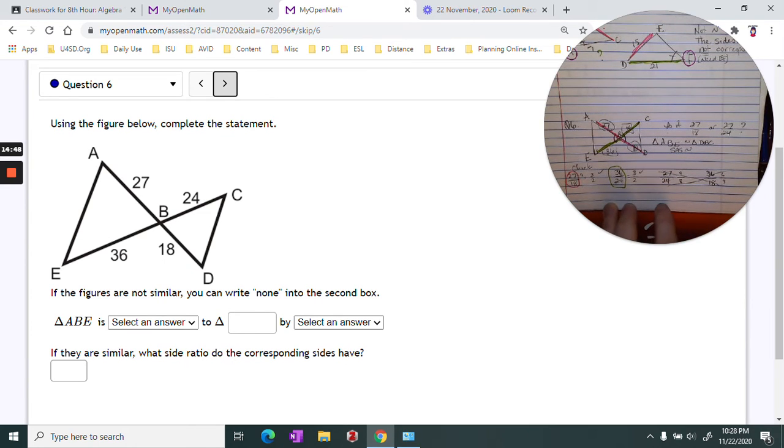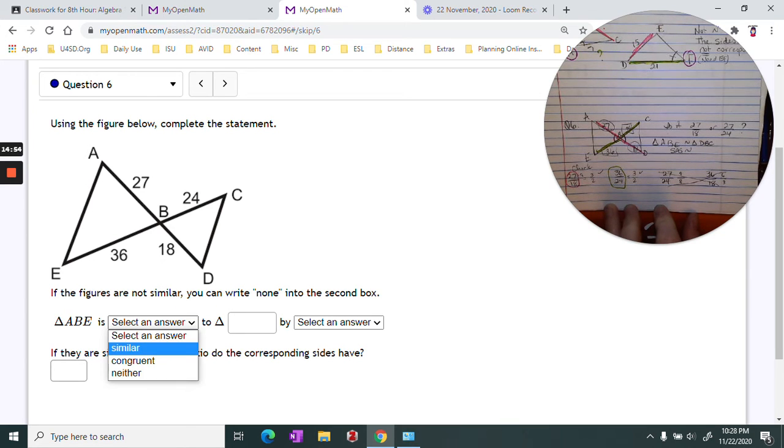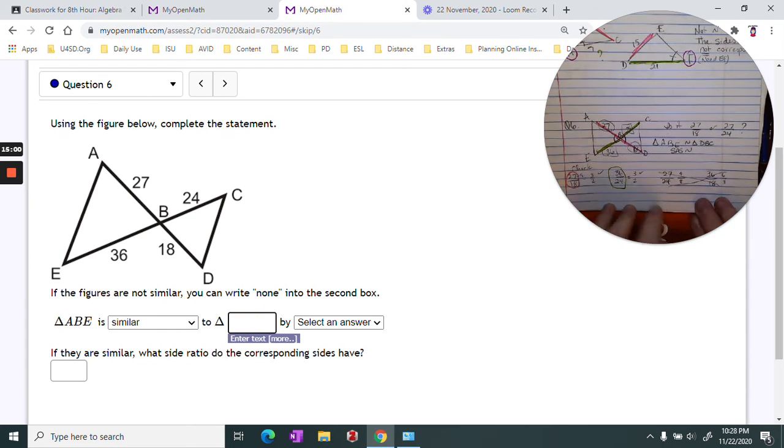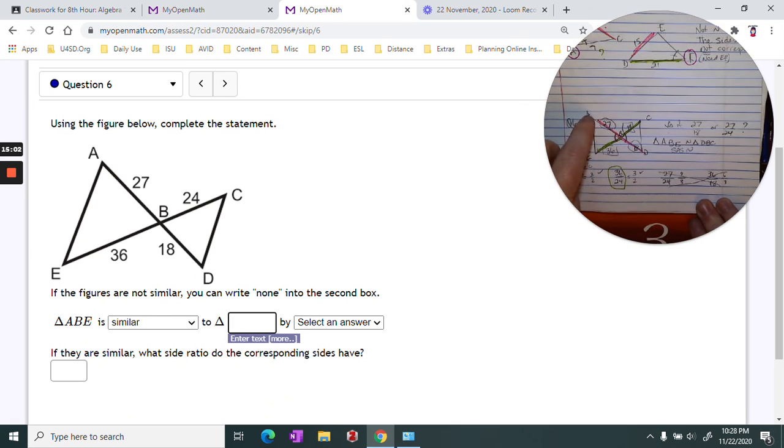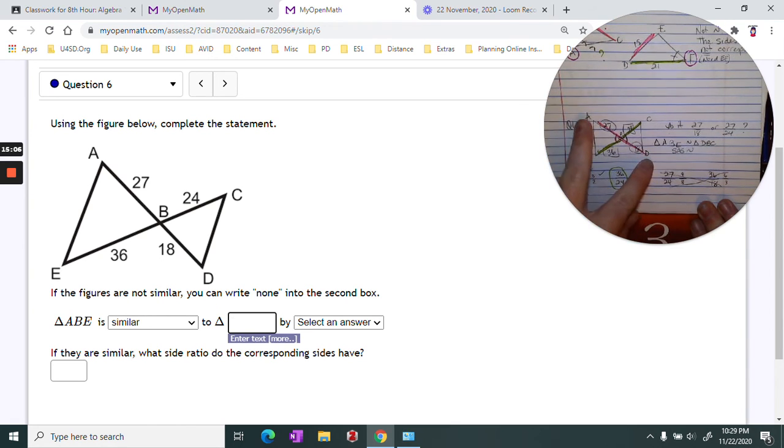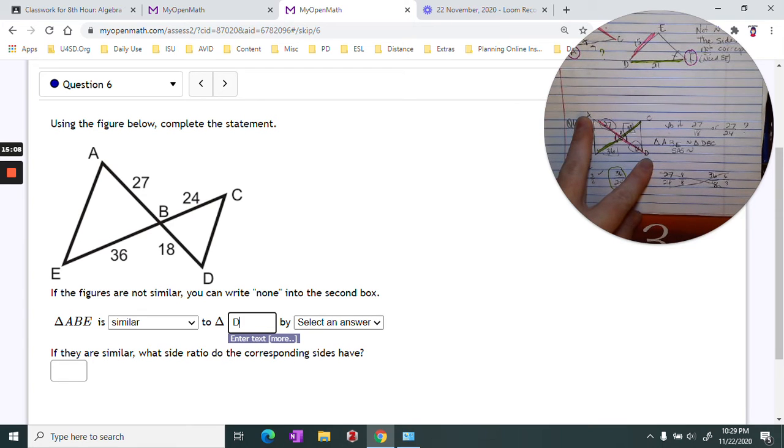Okay, so I am going to claim that triangle ABE is similar to triangle, and now here's where we need to figure out our order. A is at the end of this pink side that I drew. D is at the end. So A and D are in the same position.